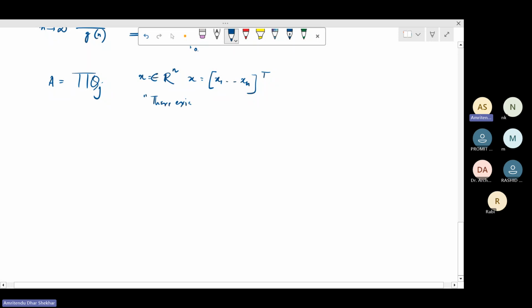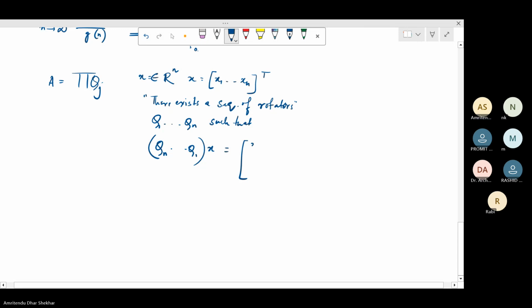There exists a sequence of rotators q1 up to qn, such that if you apply them, qn up to q1, on x, then x looks something like this. Okay.